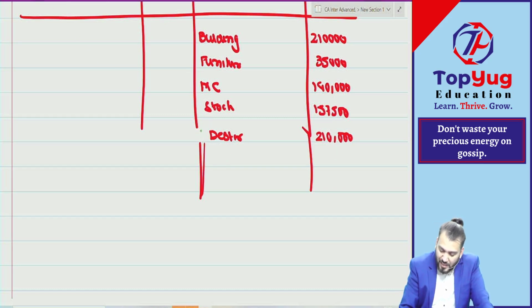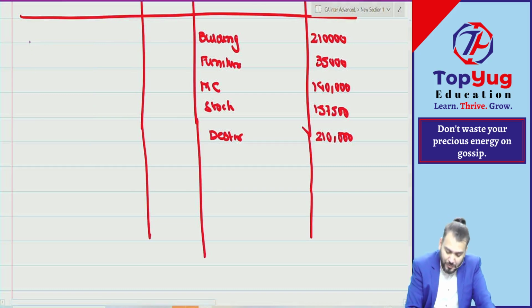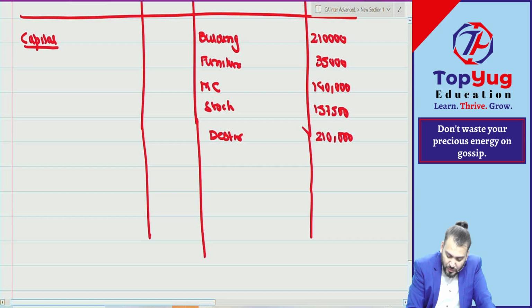Understood? Can I say cash and bank will be the balancing figure? Why will it be the balancing figure? Because what is given? Profit is given. Can we come to capital? First we write down Nil. What is the opening balance given? 1,68,000.